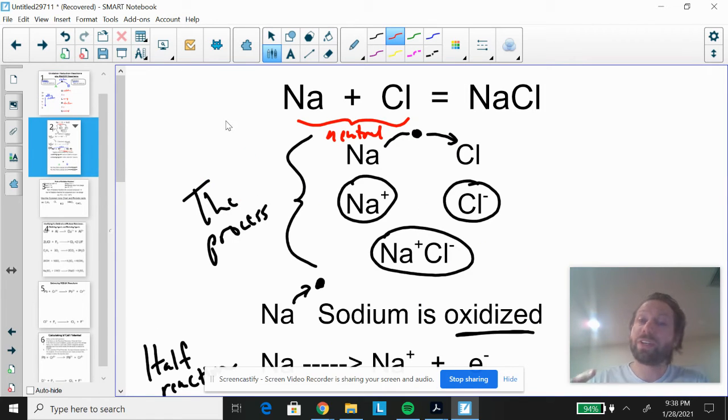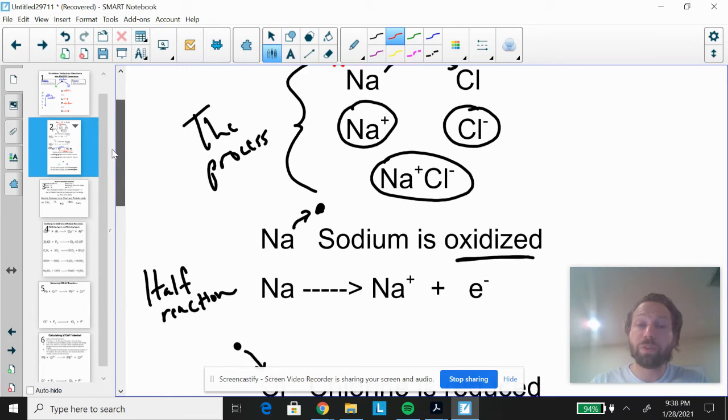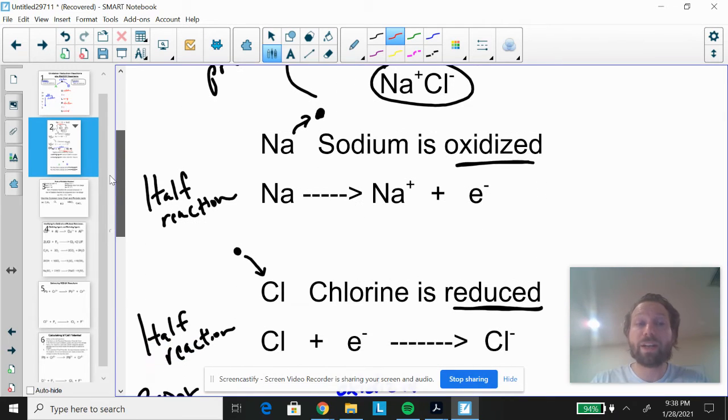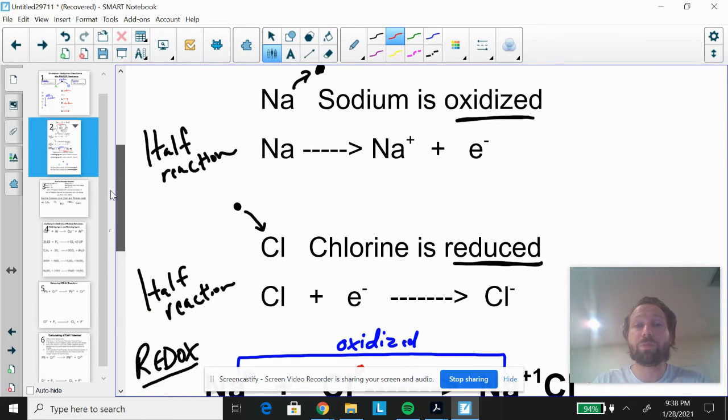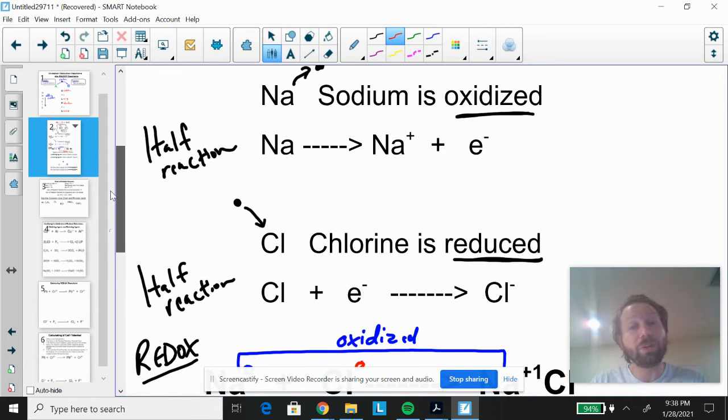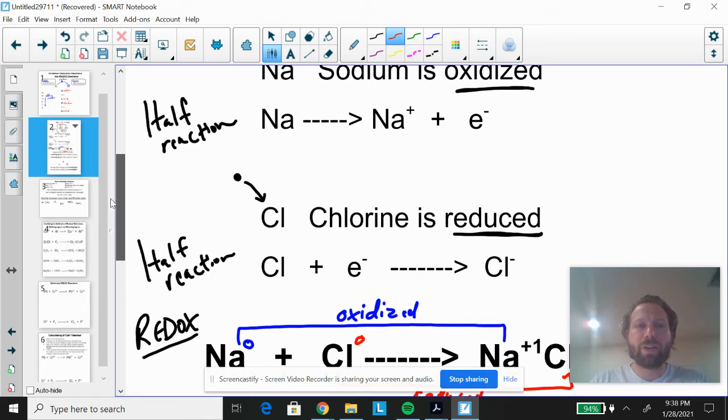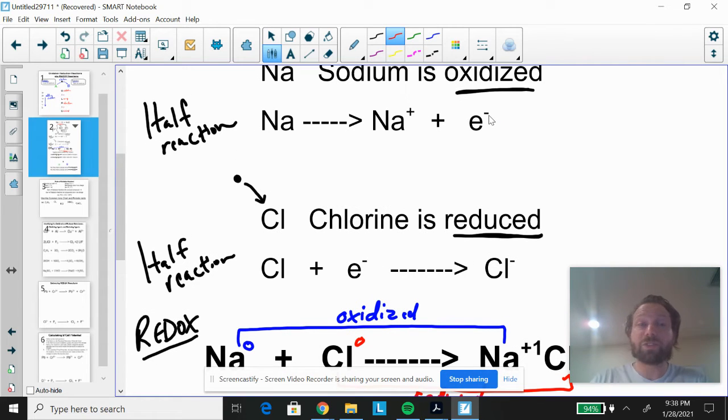We then moved into an example of sodium chloride, going through the process and writing the half reactions for the sodium being oxidized and the chlorine being reduced. We saw that we write the electron for oxidation on the right-hand side, indicating that it's separated from the oxidized substance.